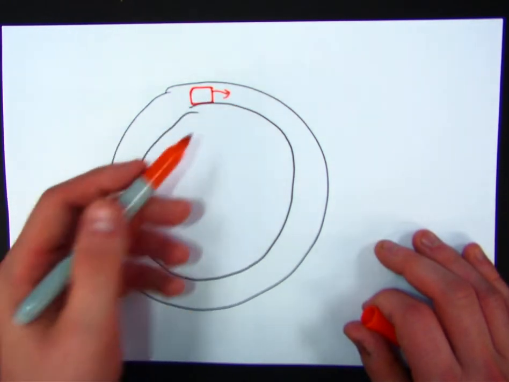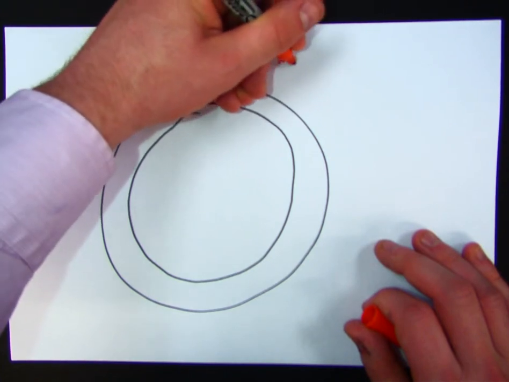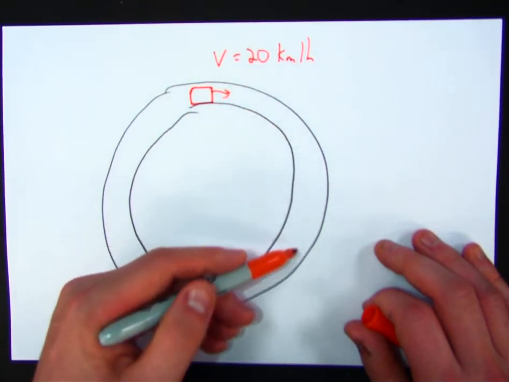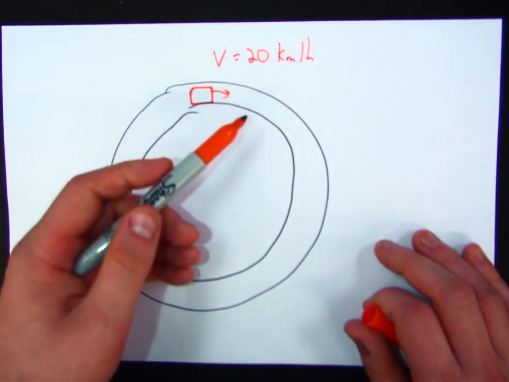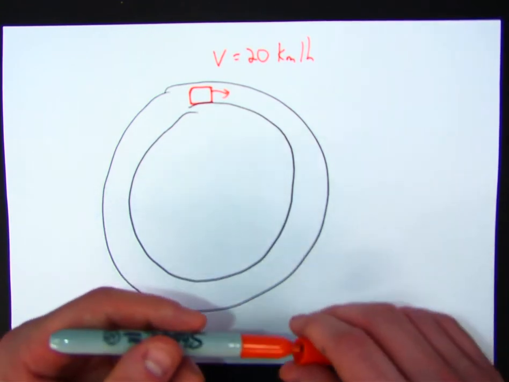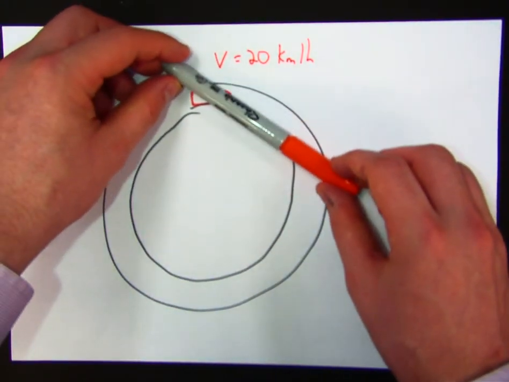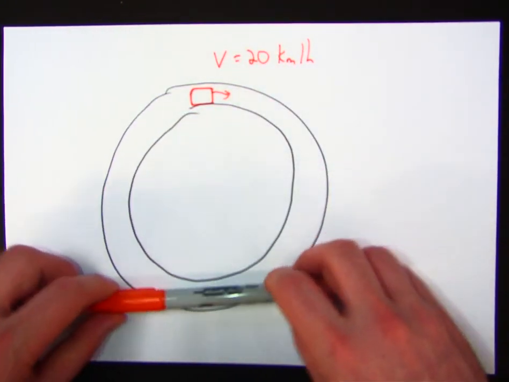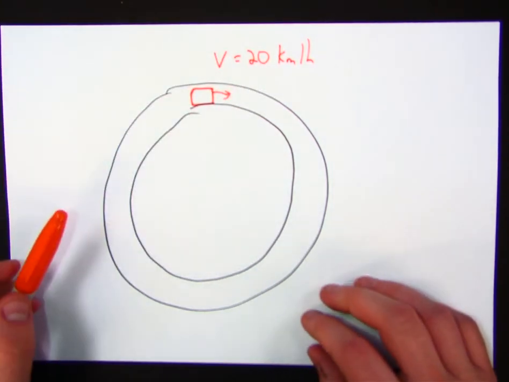Suppose it traveled at a constant speed of 20 kilometers per hour. That's no problem, except that it is changing velocity. The reason it's changing velocity is because the entire time, if I represent the arrow here with a marker, it'll be changing direction. Even though it's moving at a constant speed, it is changing direction, and as a result, changing velocity.